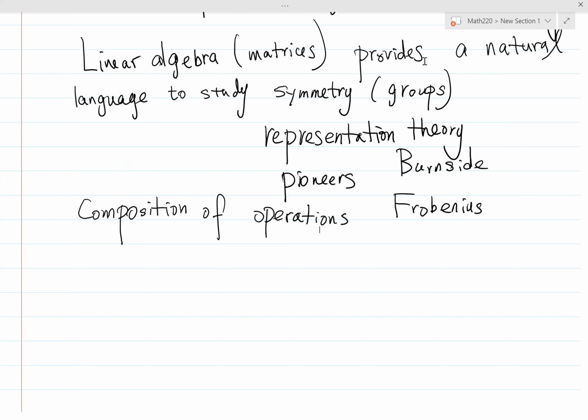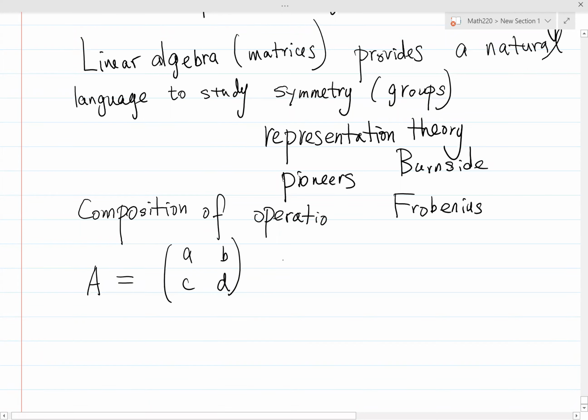Okay, suppose we have this operation A given by the matrix with columns (a, c) and (b, d). This tells us that i is transformed to the output (a, c), which is a i plus c j.